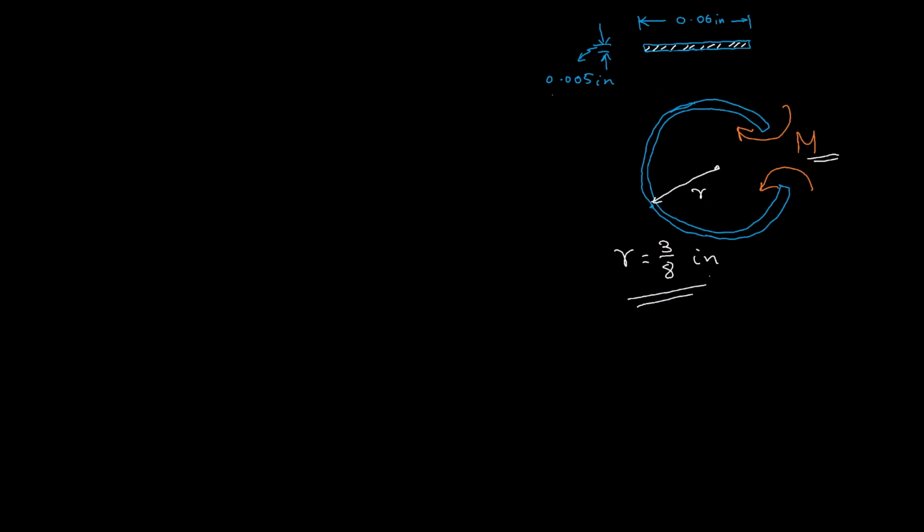Now under these assumptions, what we are supposed to figure out is the maximum stress that gets developed in the strip and the moment that we require to bend this strip into this circle. Okay, now for evaluating the maximum stress, we know that this is a function of the Young's modulus, the maximum fiber's distance from the neutral axis, and the radius of curvature.